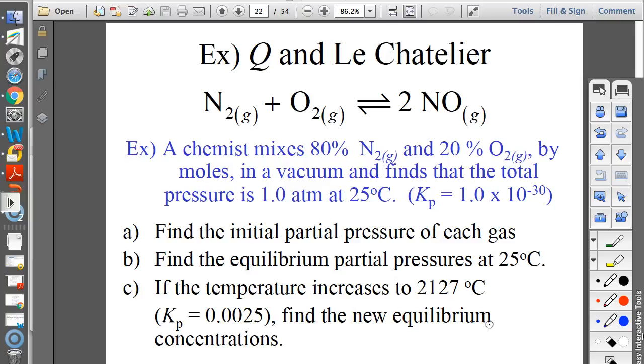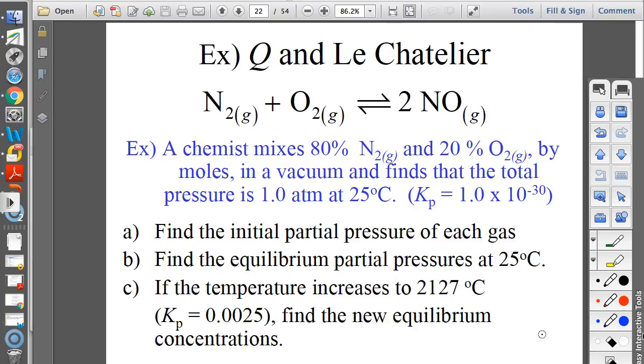If the temperature increases a lot, like in an engine or a power plant, the Kp goes up to 2.5 times 10 to the negative third, from 10 to the negative 30. That means I'm going a little to the right, creating more NOs.